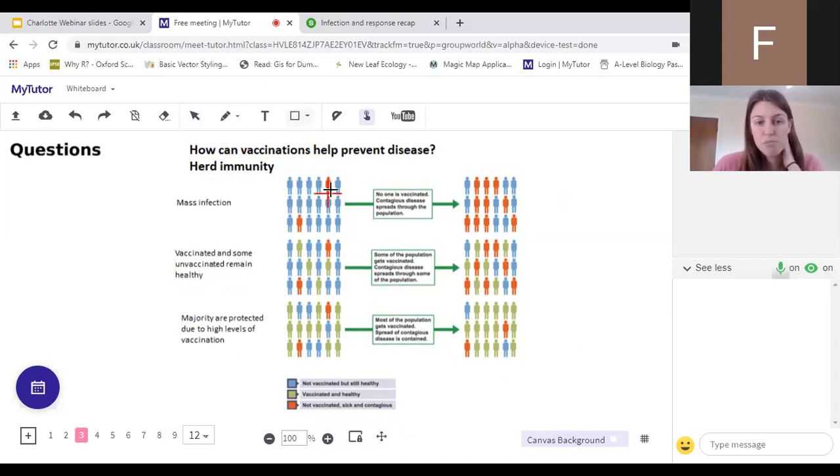And we've got a couple of people here who are sick and contagious, like we have now with the coronavirus. No one is vaccinated, and so the contagious disease spreads through the population. You see we've got this mixture of blue and red people again. We've got many more red ones who are not vaccinated, they're sick and they're contagious, and they're slowly infecting all of the not vaccinated but healthy people.